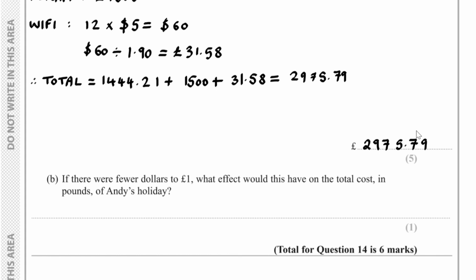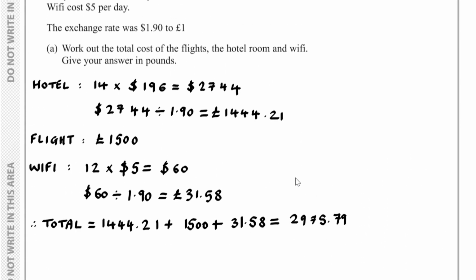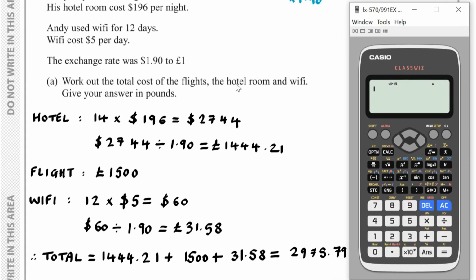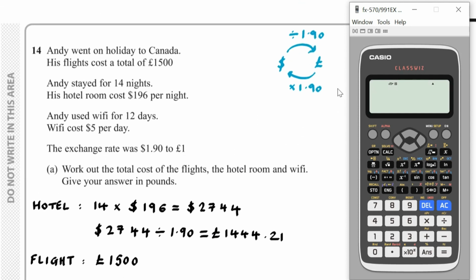So we've got 2975.79. And for the next part, if there were fewer dollars to pounds, what effect would this have on the total cost in pounds of Andy's holiday? Well, what we're saying is there's fewer dollars to pounds. So now let's pretend that the conversion rate will be smaller. So for example, let's suppose it's something like 1.50 to £1.